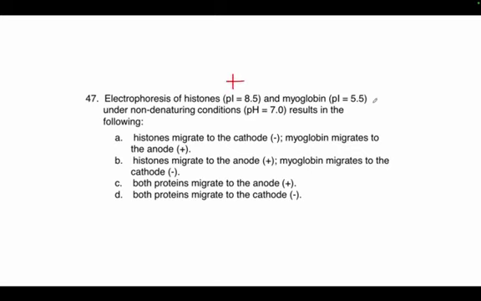Myoglobin, pI is 5.5, we are running it at pH 7, which is above the pI, so myoglobin will be negatively charged. Since the histone is positively charged, it is going to migrate to the cathode. Myoglobin is going to migrate to the anode. Okay? And it is important that since we did this under non-denaturing conditions, if we did this under SDS conditions, both of these will be negatively charged and both of them will migrate to the anode.